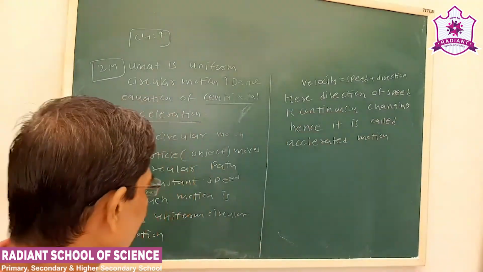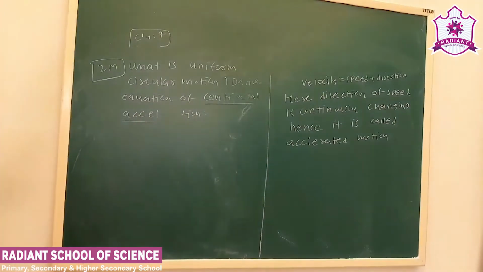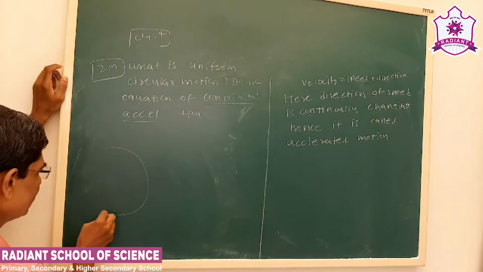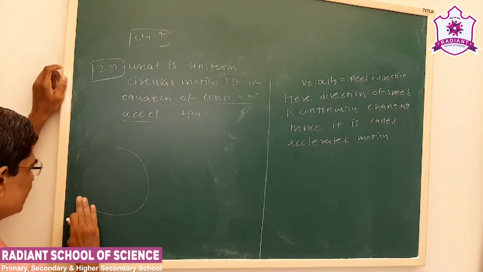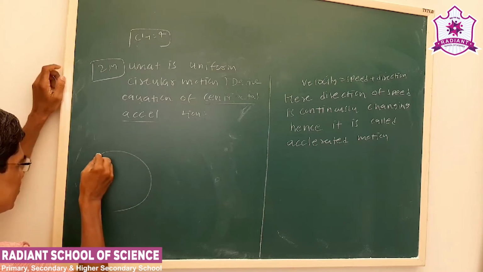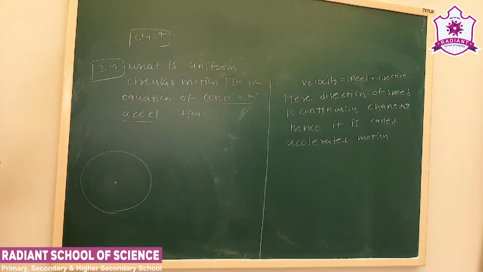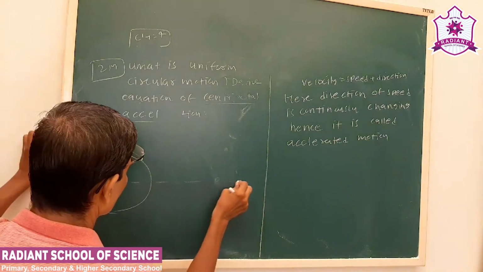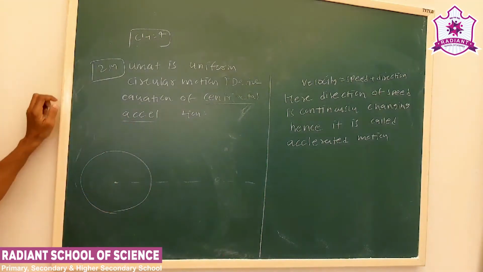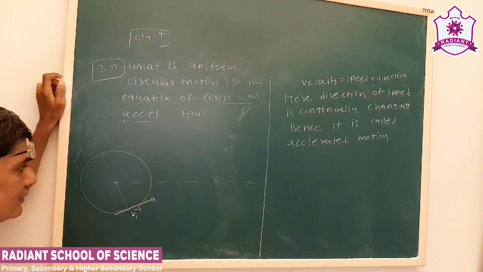Now we derive the value of the acceleration. Now see, it is a circular motion like this. At any point, let us say P, the velocity is v1.